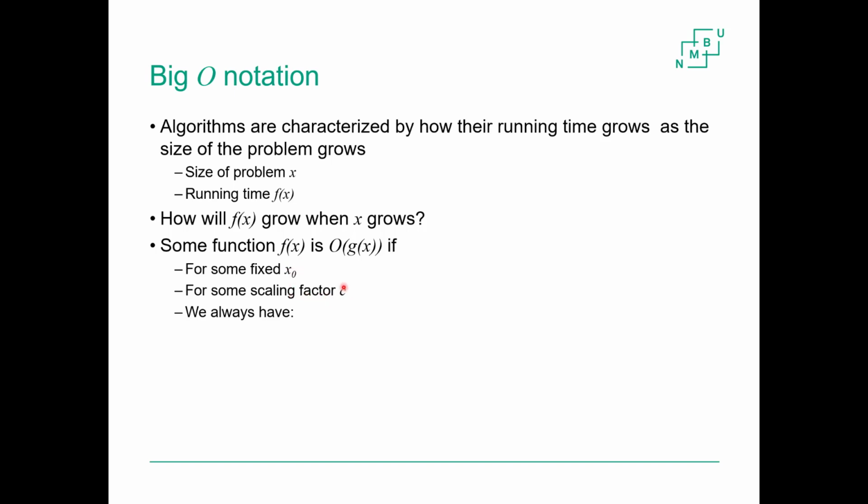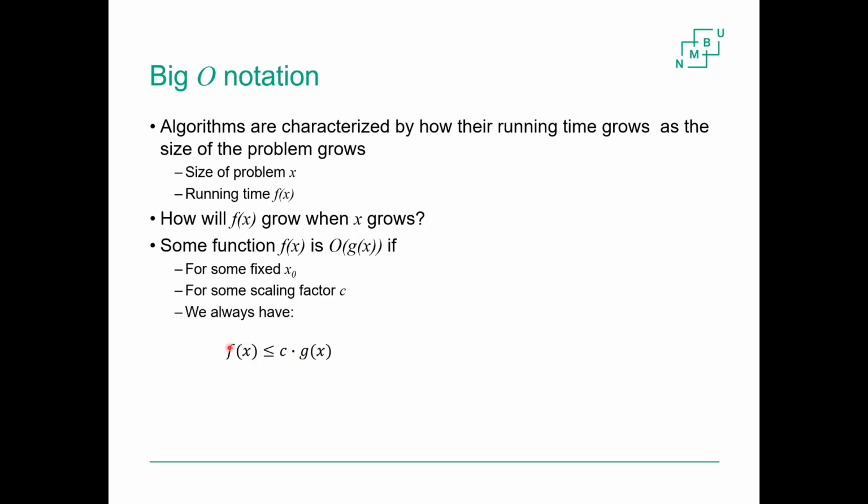There is also a scaling factor, and then once these are given, the actual running time is always smaller than or equal to this function multiplied with this constant. You have this possibility of having a constant that you multiply with, so it doesn't have to be exactly limited by this function, but this function times some constant.